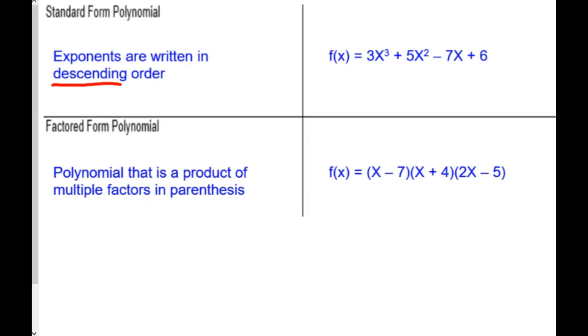So, does everyone see how this is descending? We have a 3, then a 2, then a 1, and then a none. Highest to lowest. Today we're going to see some of them that are out of order, and you got to put them in order from highest to lowest. Okay?